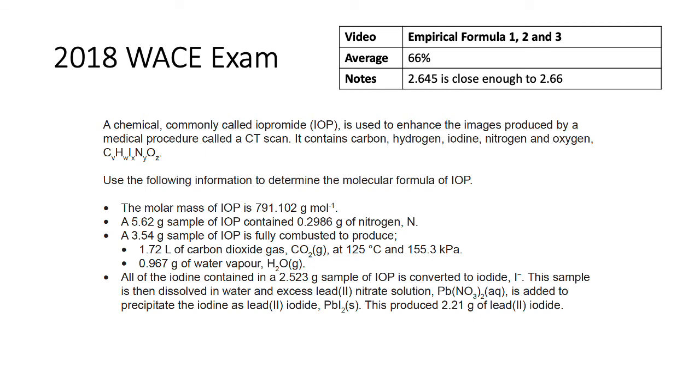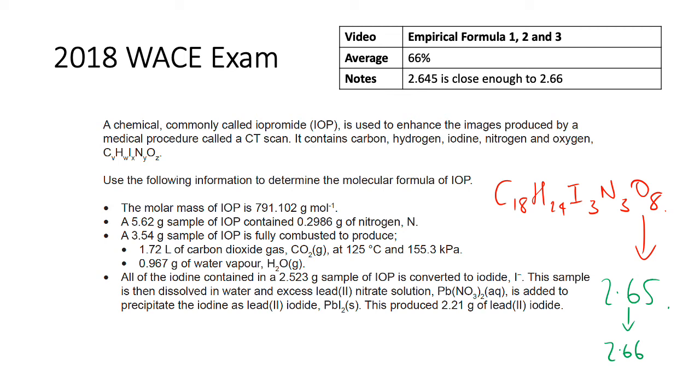This one here was a bit dicky, because the answer is C18H24I3N3O8. And when you solve this empirical formula, the O turned out to be 2.65 as the ratio. Now 2.65 is close enough to 2.66, which is close enough to 2 2/3.